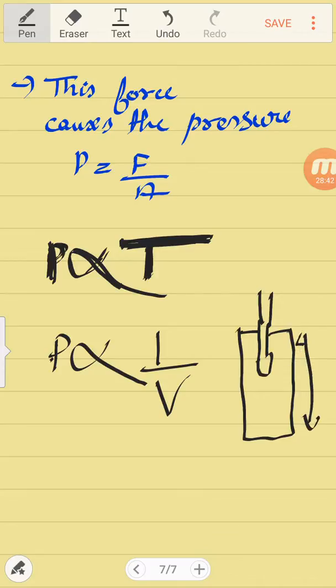This is the volume. You are putting pressure here with the help of this. Then when you put pressure here, did you see the volume? It means the height is decreasing. When you put pressure here, the height gets decreased. When you put more pressure, the height decreases more, right? So that's why they are saying pressure is inversely proportional to the volume.